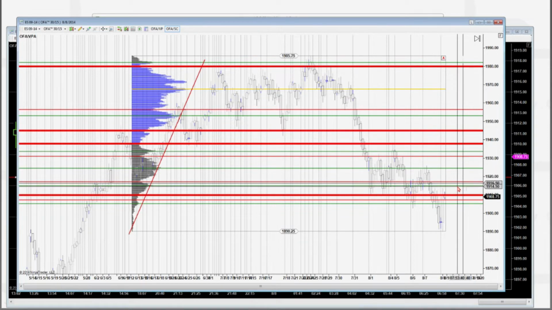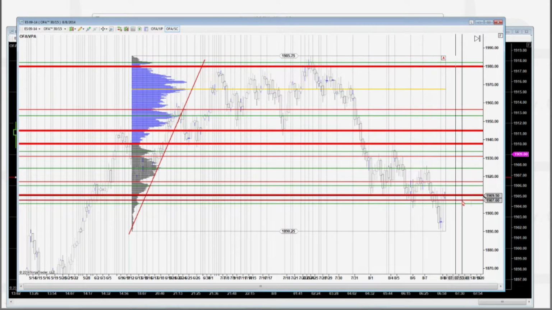Okay, not a surprise. So right now, we need to wait for the open, which is going to be in another 13 minutes. As I do this homework, these levels start to become very important. This is a key level, this 1907, 1906.75, 1907 quarter.